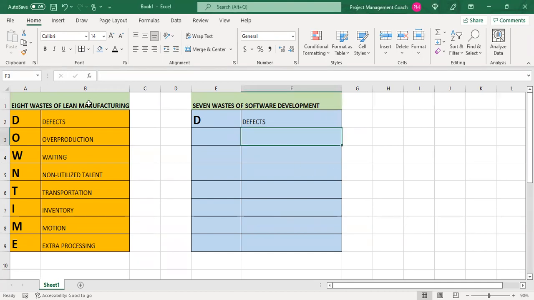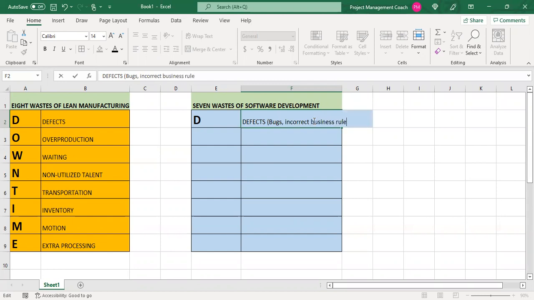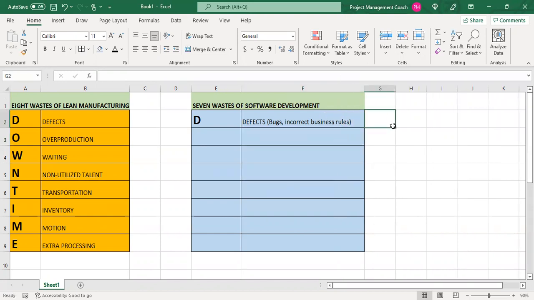So defects is really the same in this world. When we talk about defects in software, we're talking about something that doesn't meet its targets. It does not work in the way it's supposed to. An example of this could be bugs or incorrect business rules in your software, because this is specific to software now.